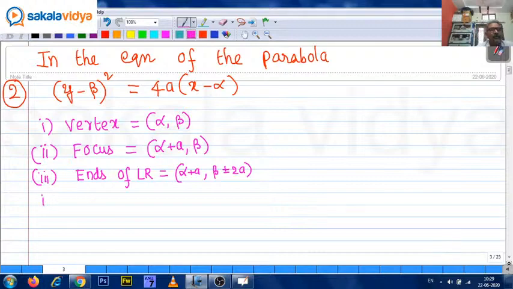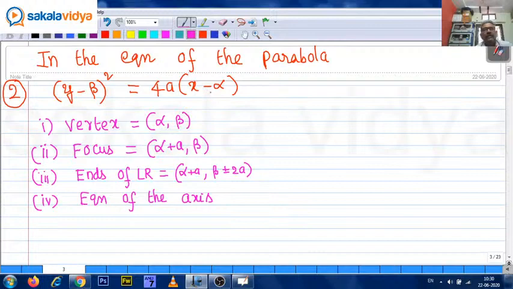Next, fourth one, equation of the axis. What is the equation of axis? The equation of axis is y equal to 0, which means y is equal to beta, otherwise this y minus beta is equated to 0.